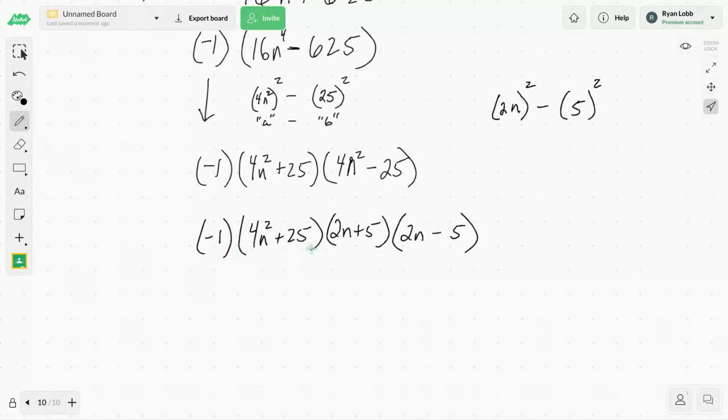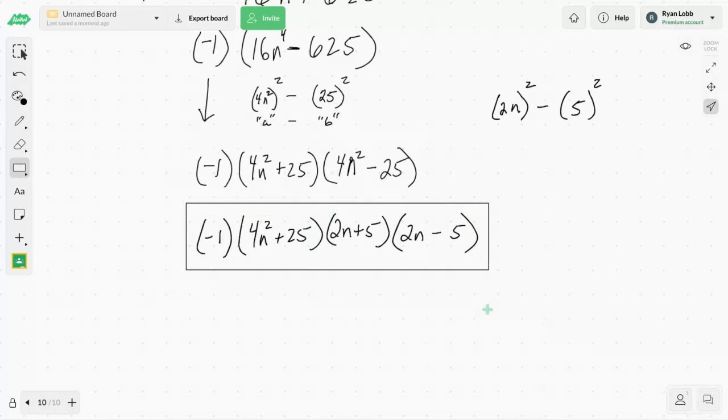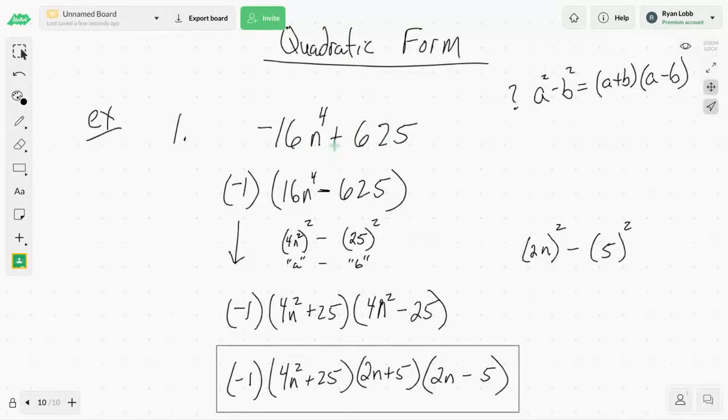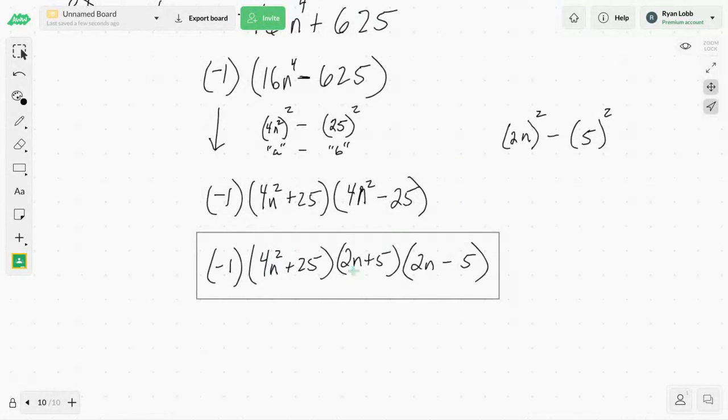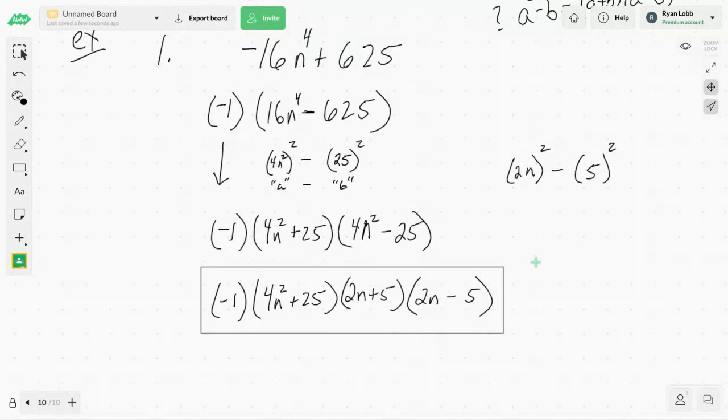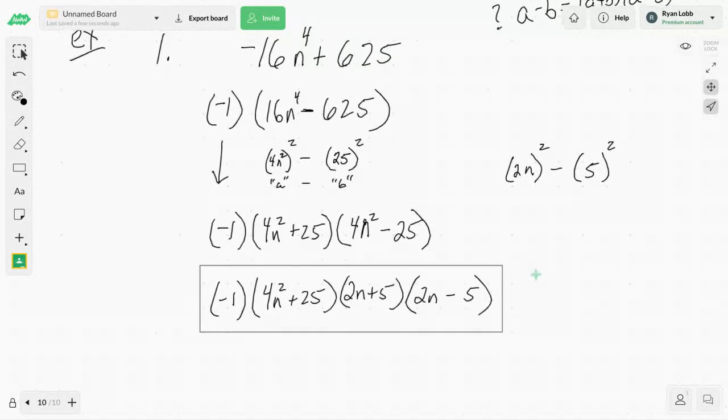And now every one of those factors, if I check, I can't factor anymore. So therefore, my original polynomial is completely factored. Those are the factors that when multiplied will give me the original polynomial function up top, the negative 16 n to the fourth plus 625. So in this case, those are the polynomial factors.